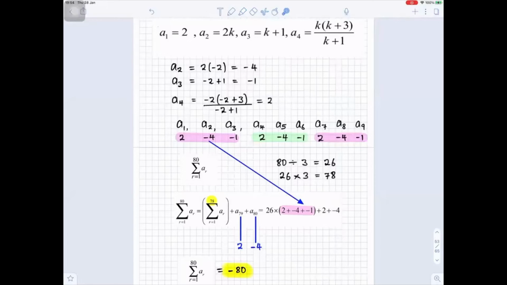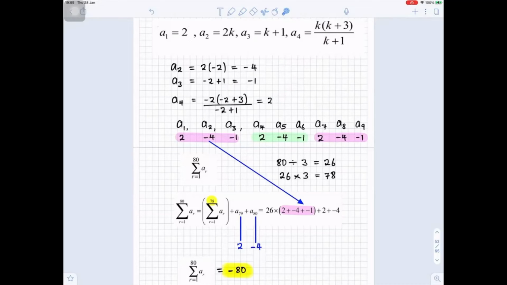So when K is minus 2, 2 times minus 2 will be minus 4. And if we put minus 2 for K there, minus 2 plus 1 will be minus 1. And we put minus 2 for K in that expression for A4. That will give us A4 to be 2.